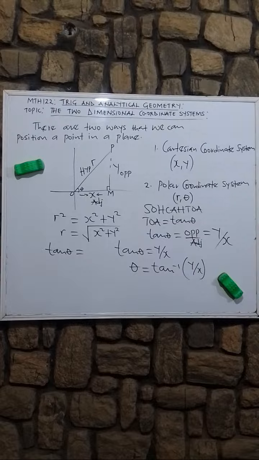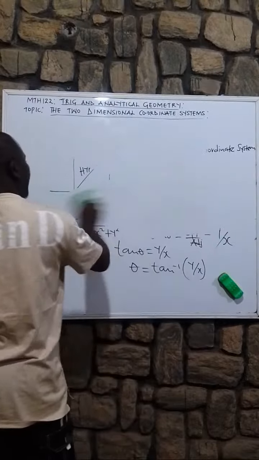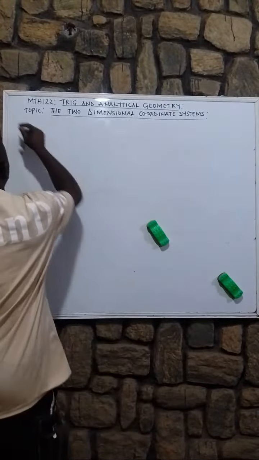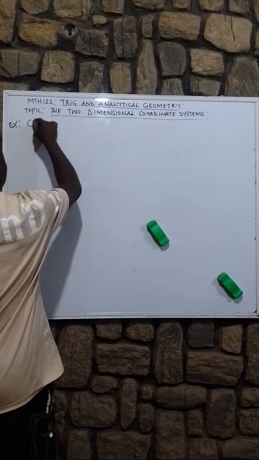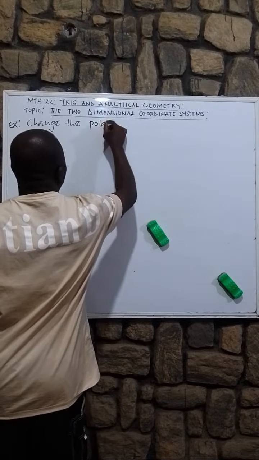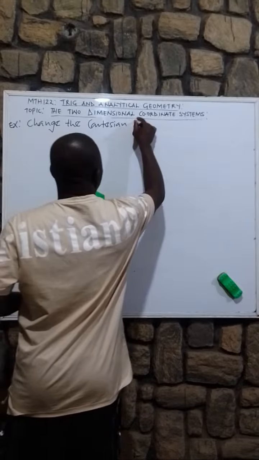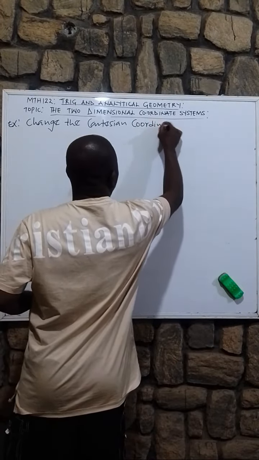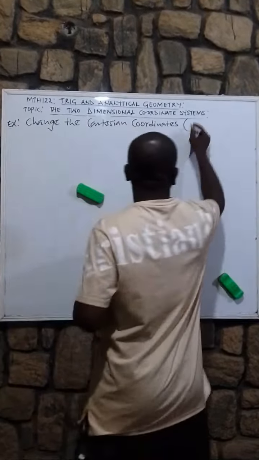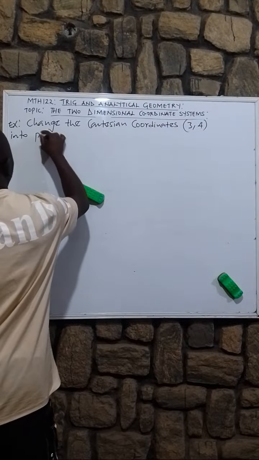Example: change the Cartesian coordinates (3, 4) into polar coordinates.